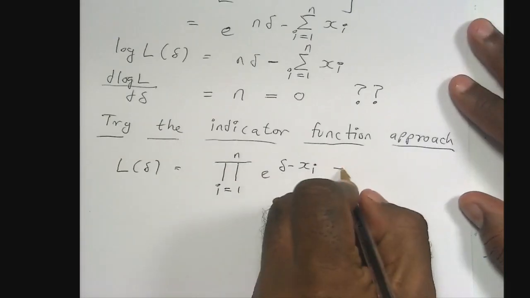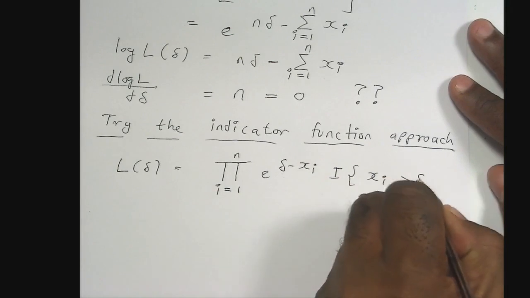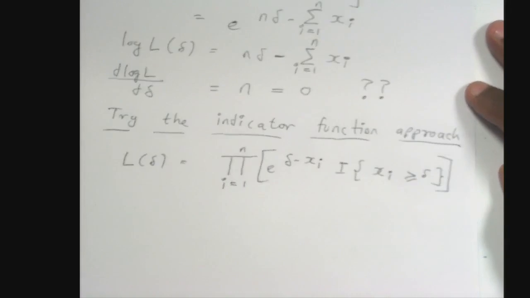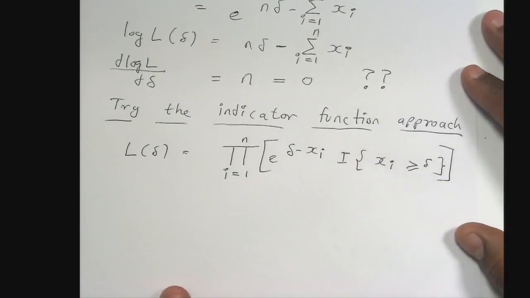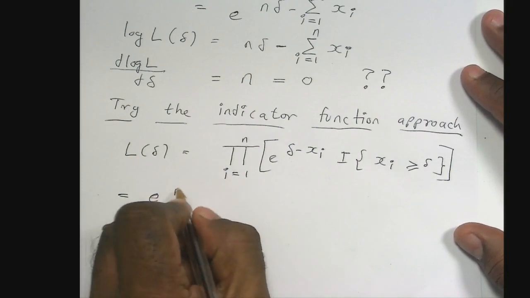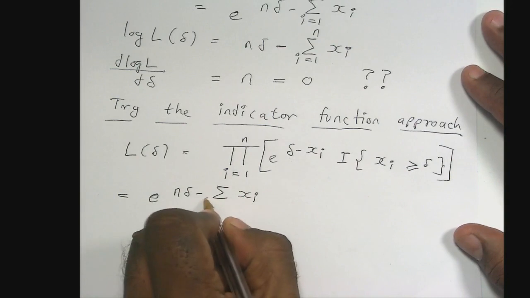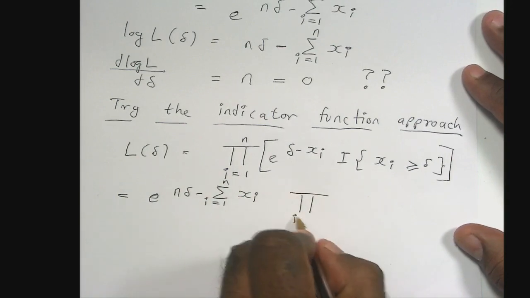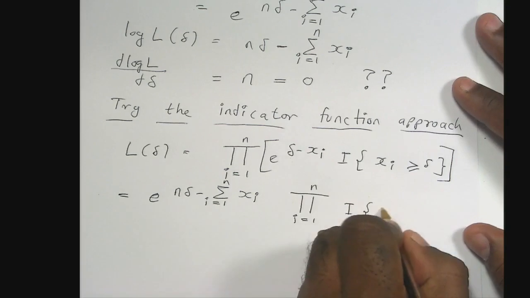So you put the indicator function that every xi is greater than or equal to delta. This is what you need to do under the indicator function approach. So this will be e to the n delta minus the sum of xi, times the product of the indicator function.